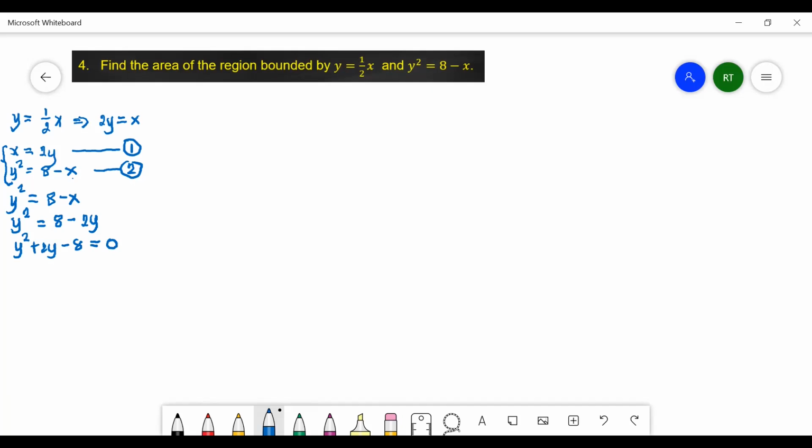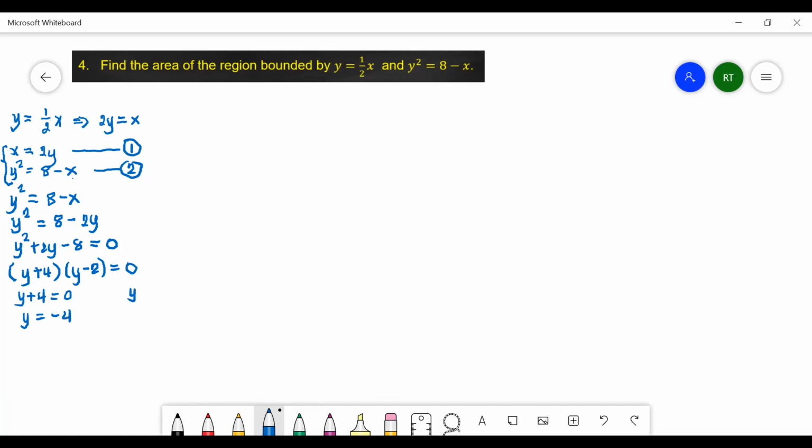The left member, y squared plus 2y minus 8, is factorable. We can have the factors y plus 4 and y minus 2 equated to 0. If we equate each linear factor to 0, then y plus 4 is equal to 0 and y is equal to -4.